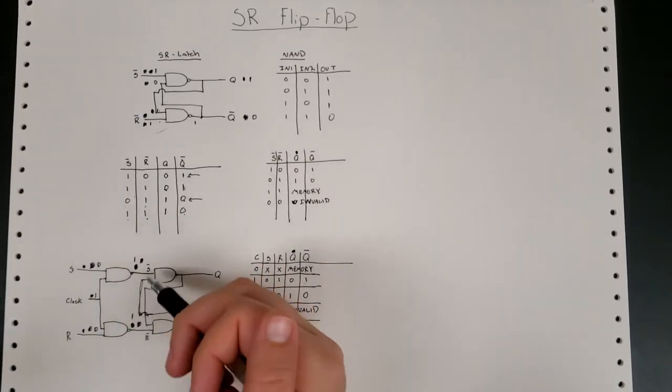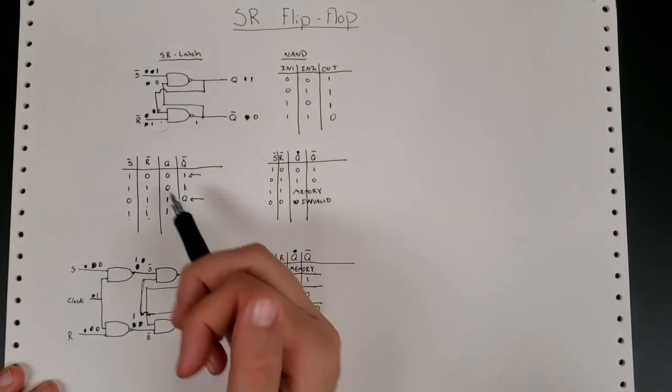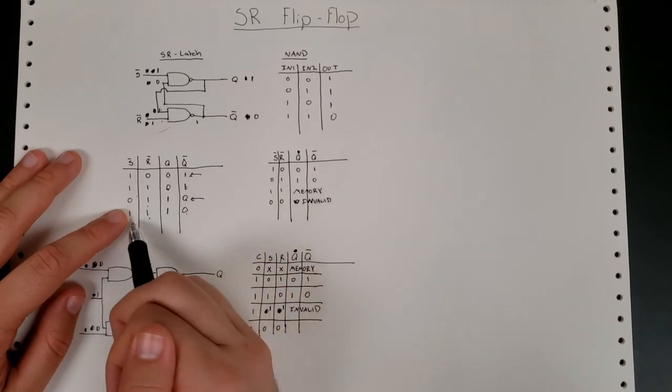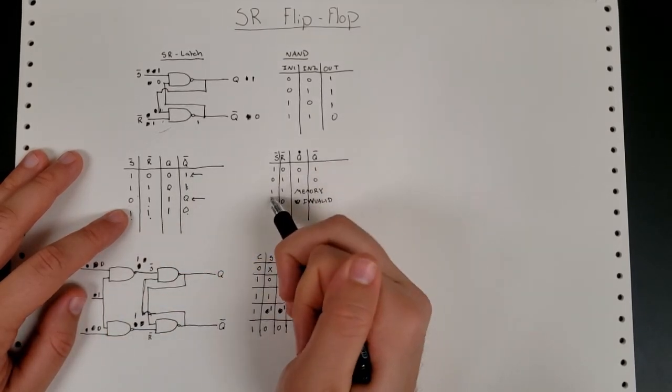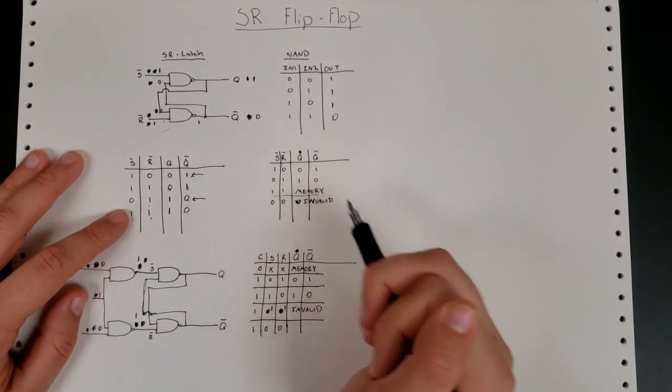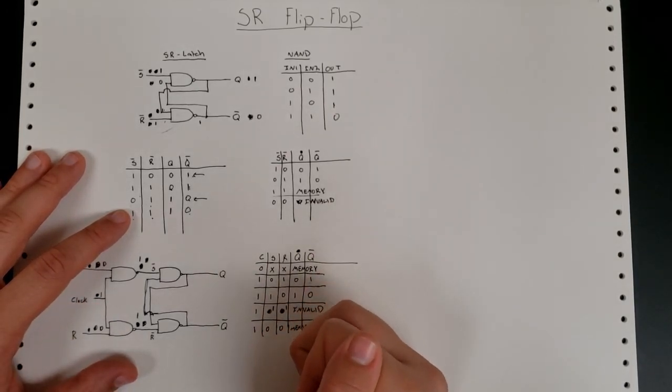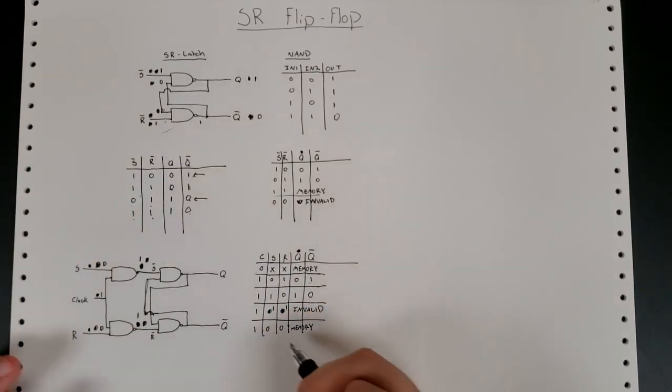And if the output is 1 and 1 for S complement and R complement, then we get the case where we have memory, right? So we get this case over here. So this is memory. If all we do is press the clock and don't press anything for the S and the R input, then we'll still only have whatever we had stored in the memory.